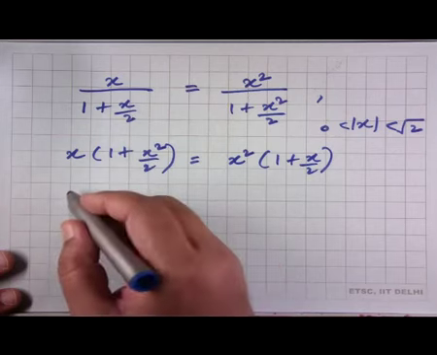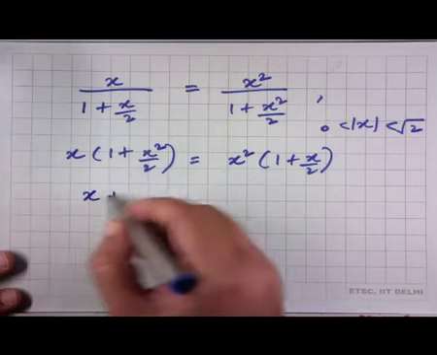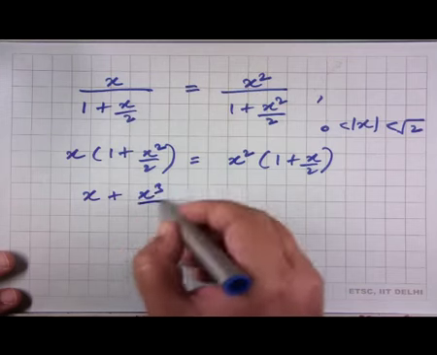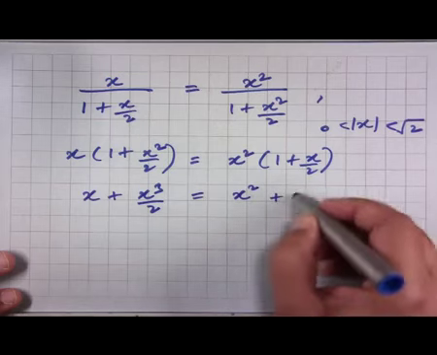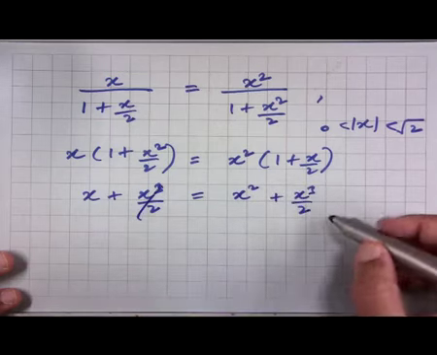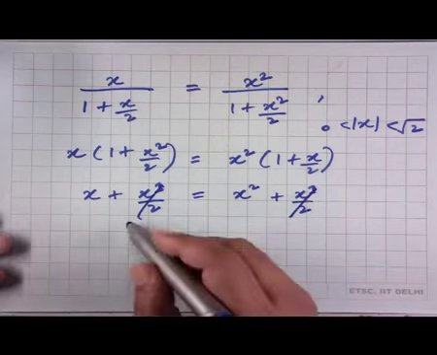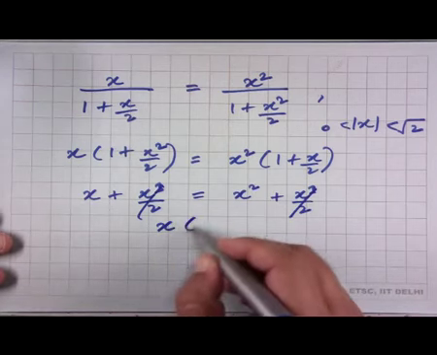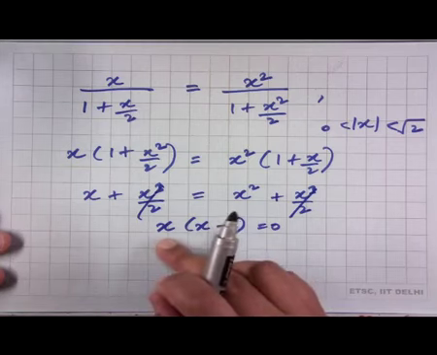And then with a little algebraic simplification, we get x plus x cube over 2 equals x square plus x cube over 2. And of course, x cube over 2 is on both the left and the right hand side, and hence what we finally get is that x into (x minus 1) equals 0. So, x can be either 0 or it can be 1.